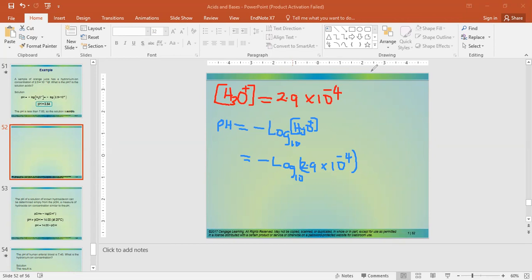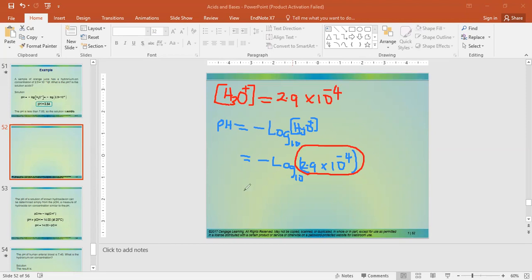Now, what you have here is a multiplication. Multiplication means addition.